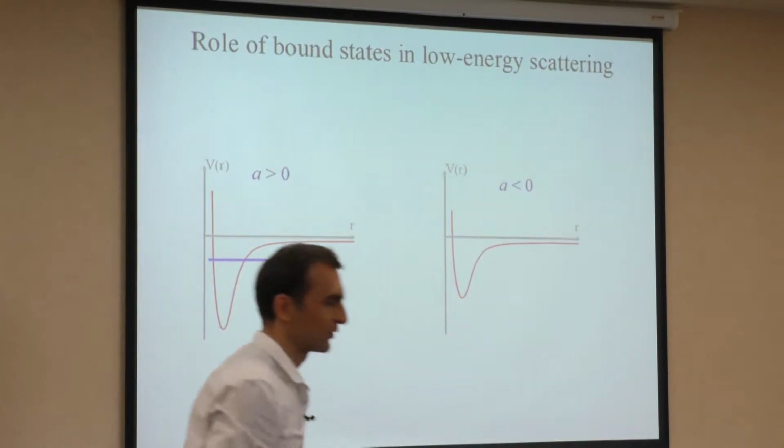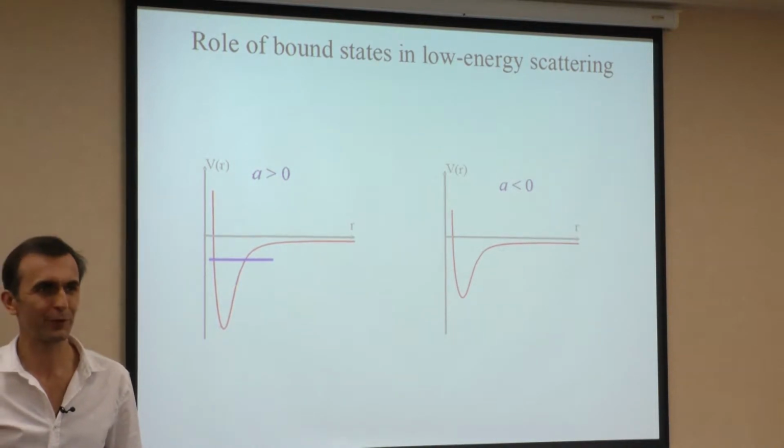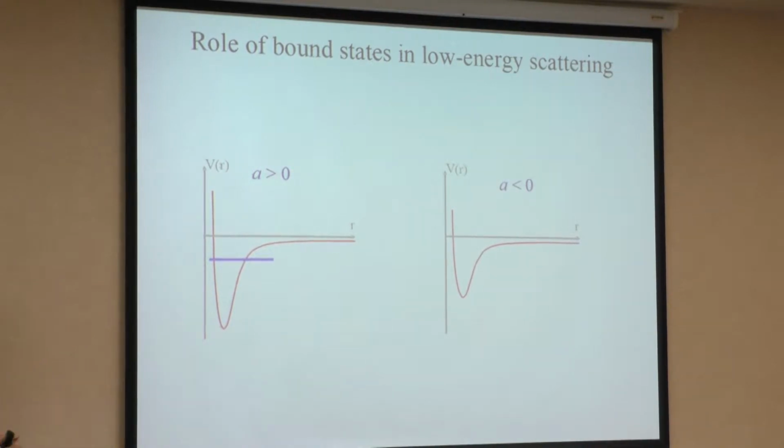First, let's consider tuning the scattering length in the frame of a simple model, disconnected from experiment. The value of the scattering length A is connected to the presence of a bound state in the interatomic potential. I'm reminding something I hope most of you know very well.